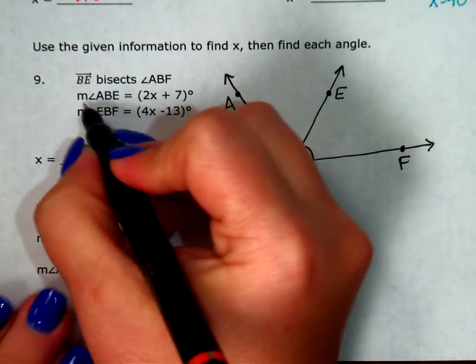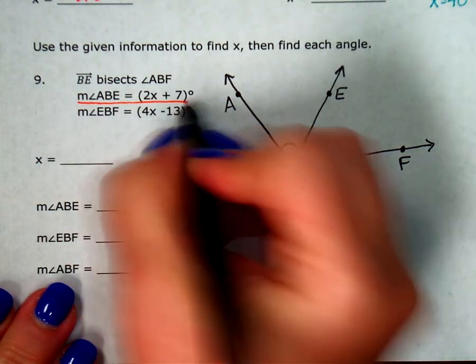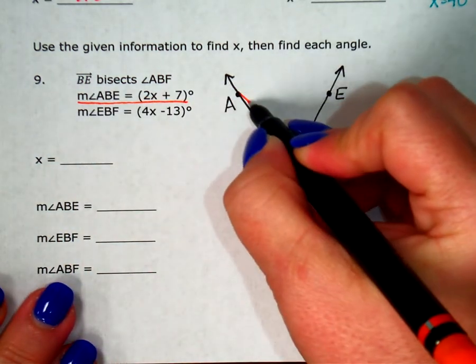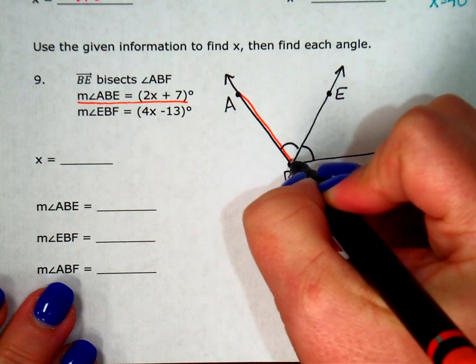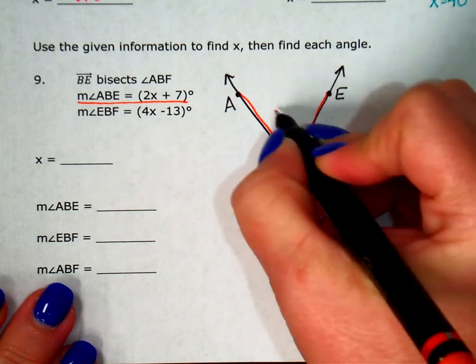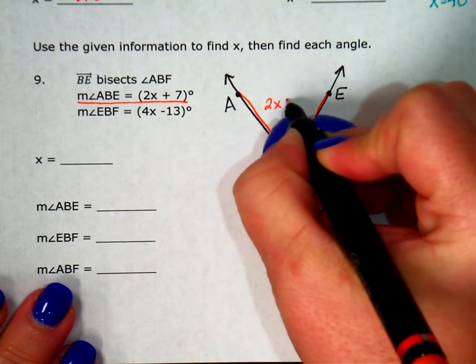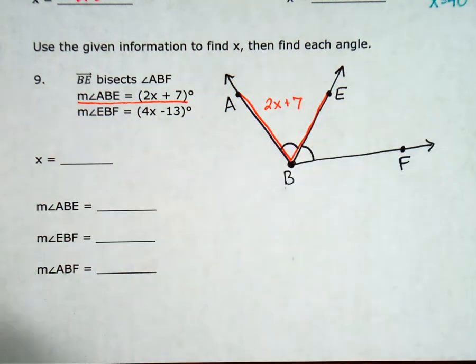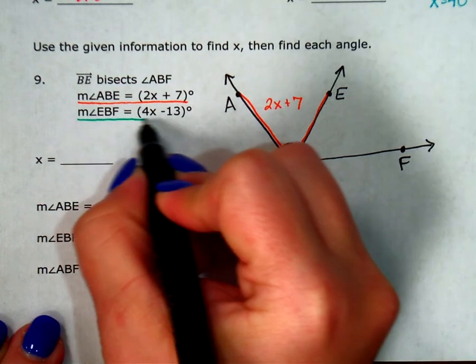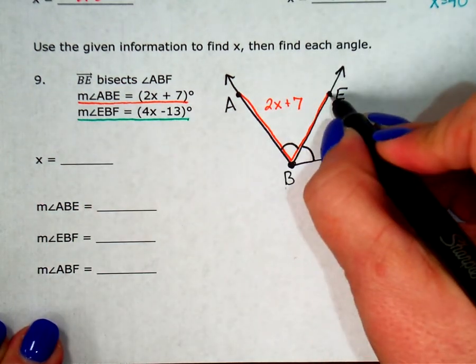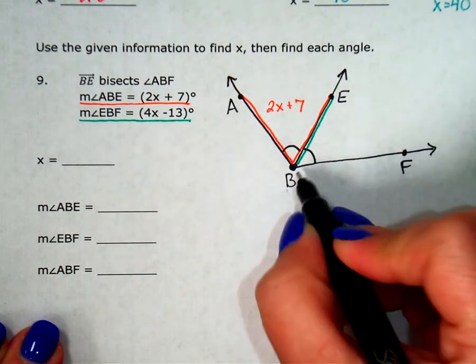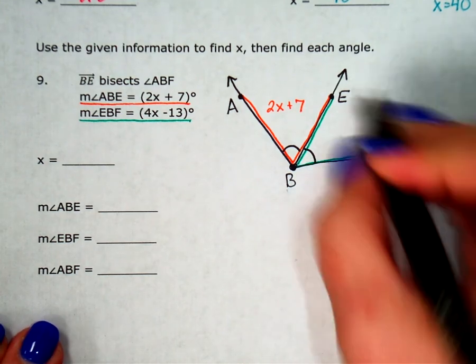Angle ABE equals 2x plus 7. So A, B, E equals 2x plus 7. Okay. Angle EBF equals 4x minus 13. EBF equals 4x minus 13.